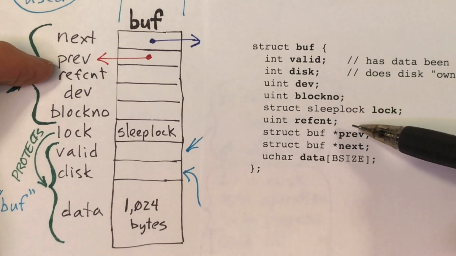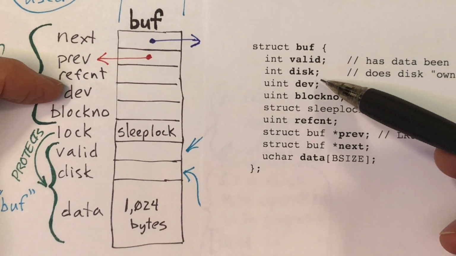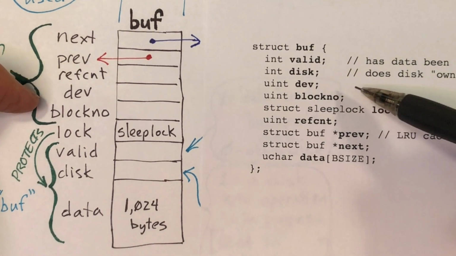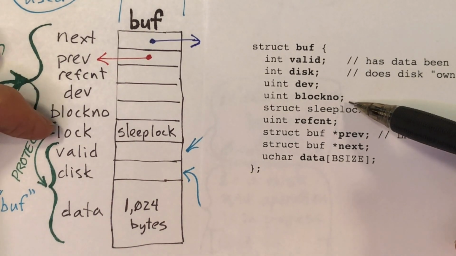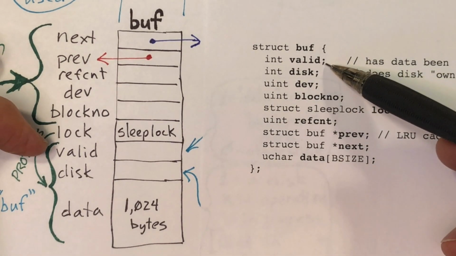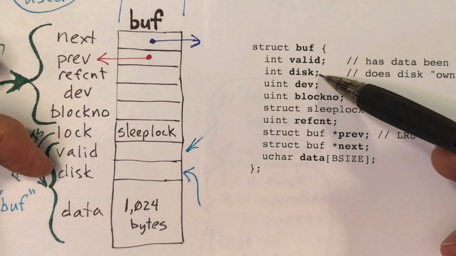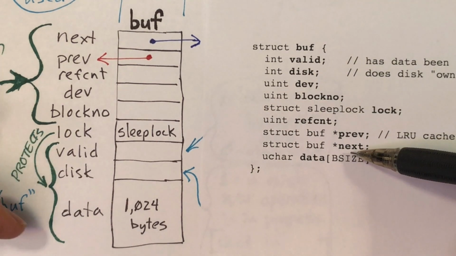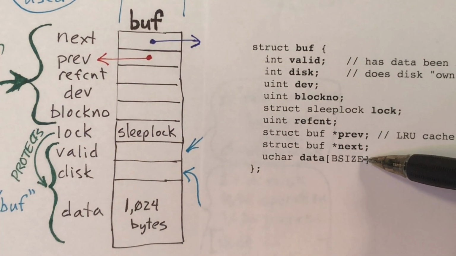We see the reference count, we see the device number, we see the block number. Here we see the sleep lock and the valid flag and the disk flag. And then here we see the block of data, the 1024 byte area that will contain the block.